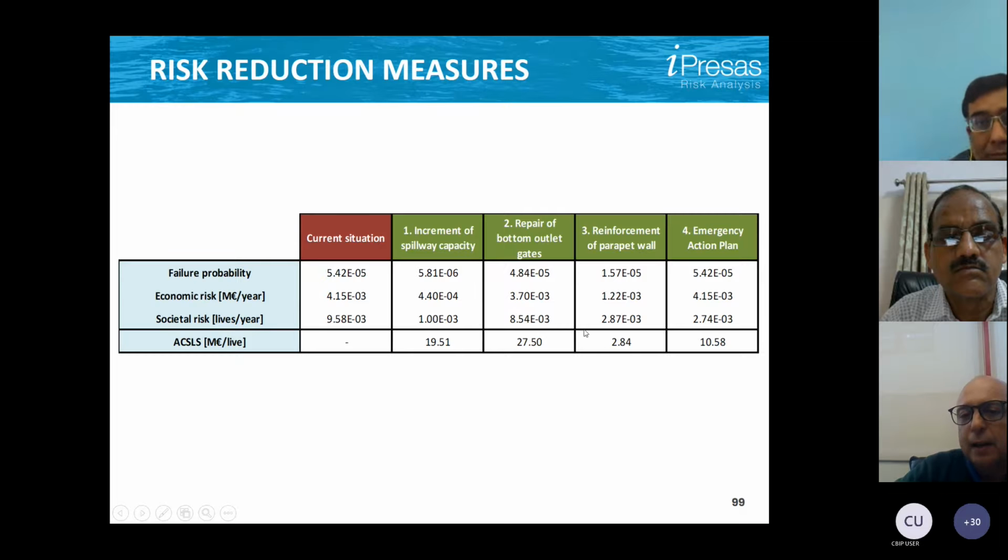So you would pick action 3 if you need to prioritize using the adjusted cost per statistical life saved indicator. So these are the results.